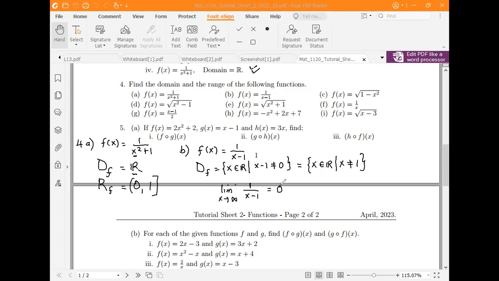If the limit is 0, it means that the range of f is y, a real number, such that y is not equal to 0. So you always want to check which numbers we can get. We cannot get a 0 here because the numerator is non-zero.